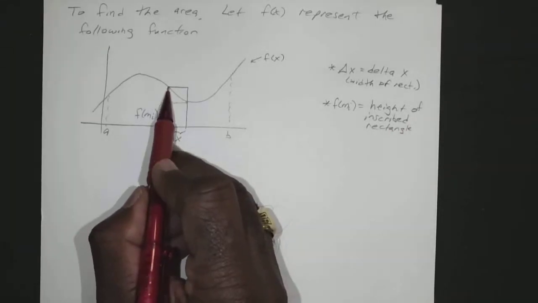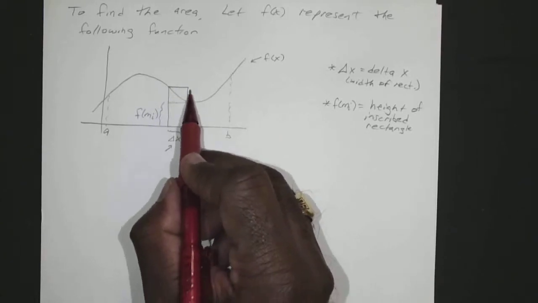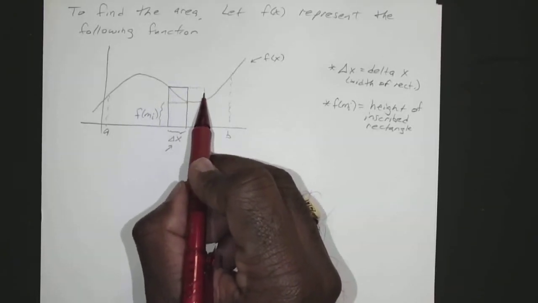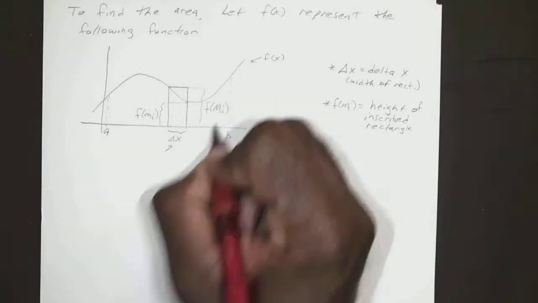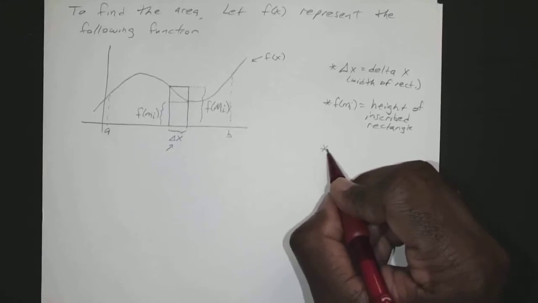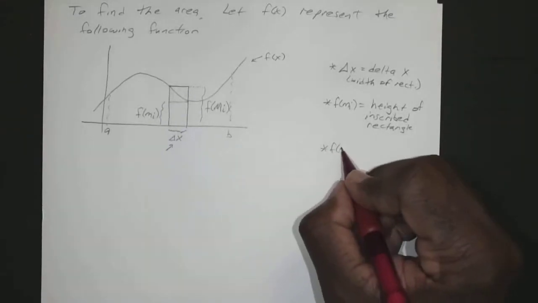Okay. So this one, if we pick that one, since it goes a little bit over the graph, we'll have all that extra. We'll call that f of capital M sub i, where that's the height of the circumscribed rectangle.